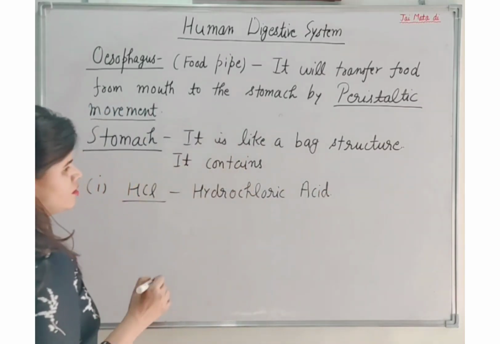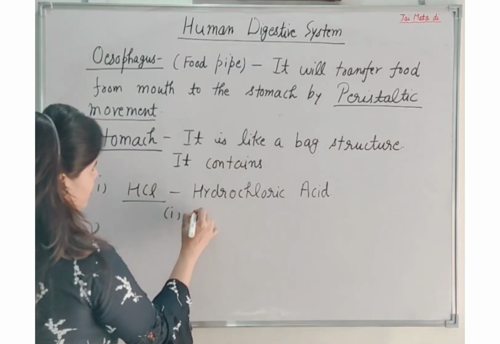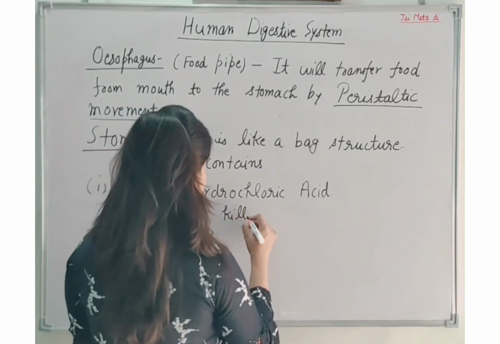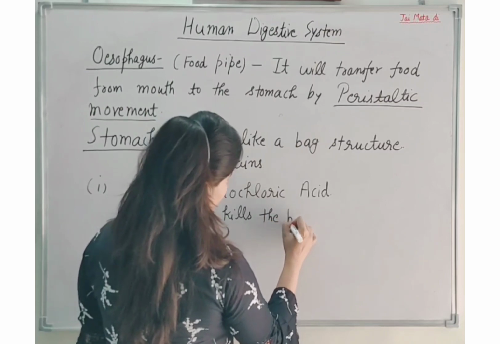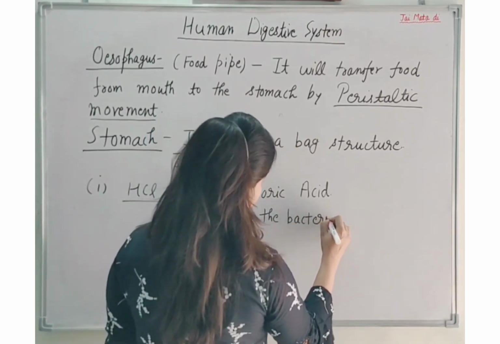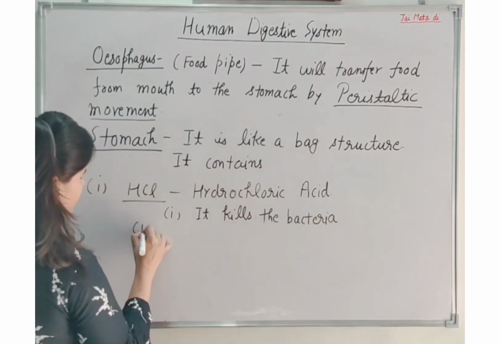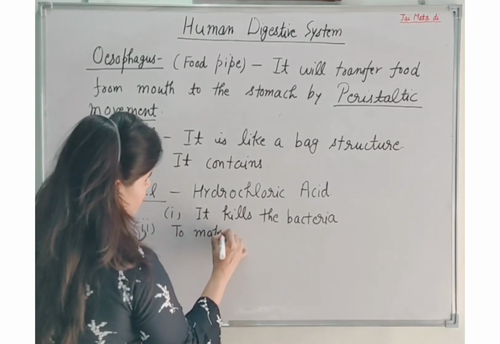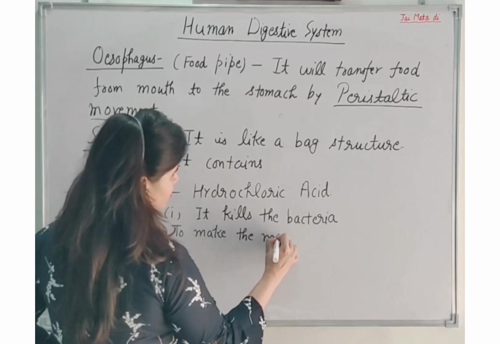Now, what is the function of this hydrochloric acid? It kills the bacteria or germs present in the food item. And the second one is to make the medium acidic.